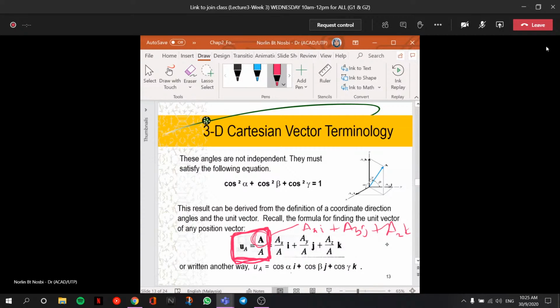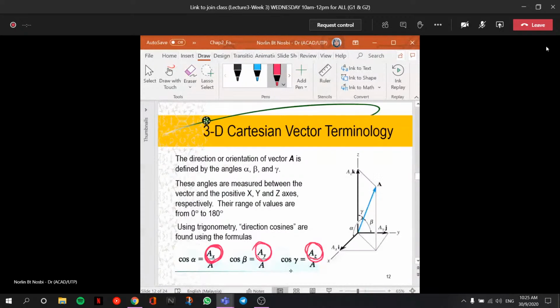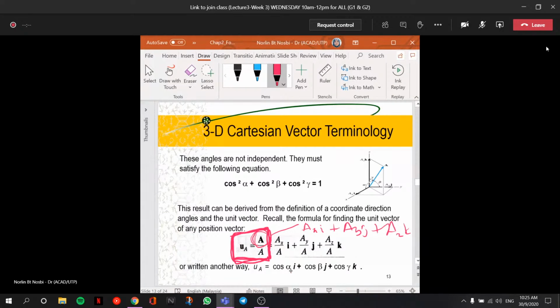The one that I showed you before: cos alpha is equal to Ax over A. So when you convert it, cos alpha is equal to Ax over A, cos beta is equal to Ay over A, and cos gamma is equal to Az over A. So later you will use this formula.